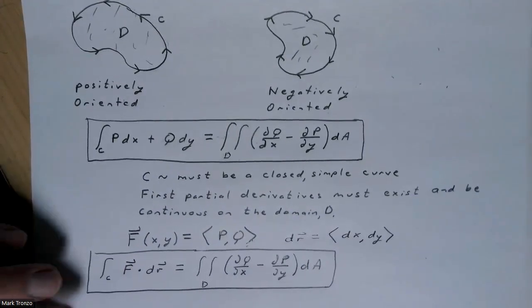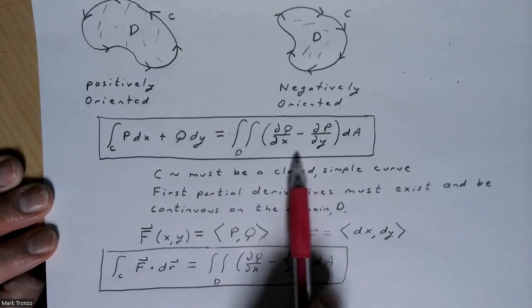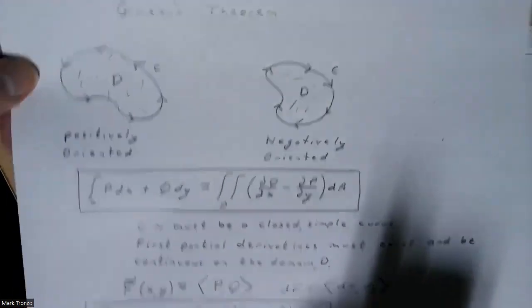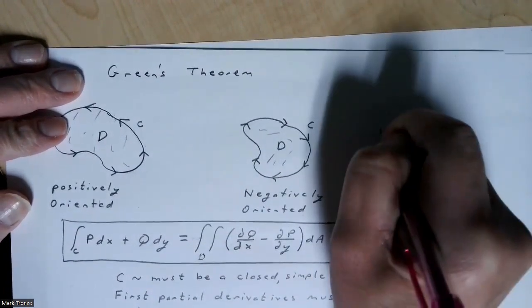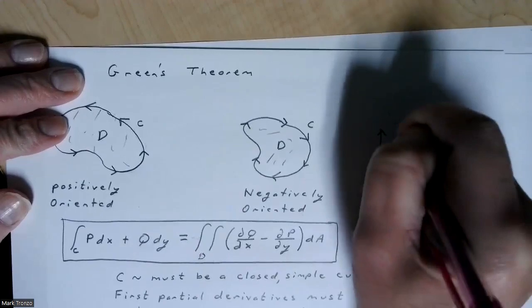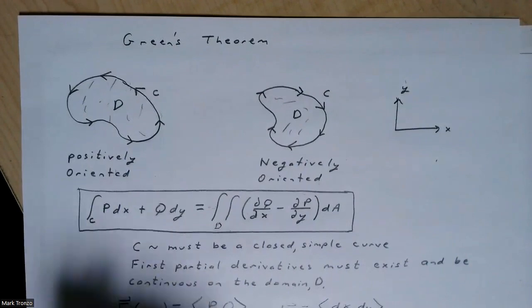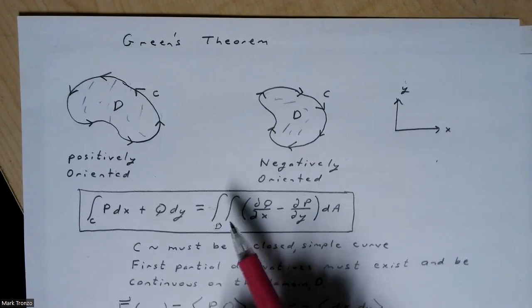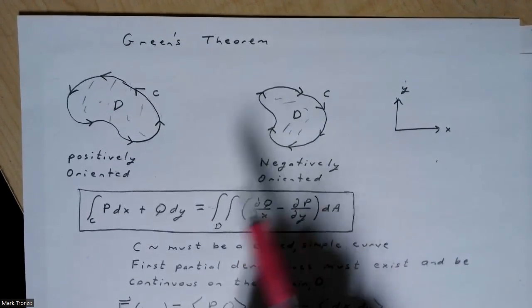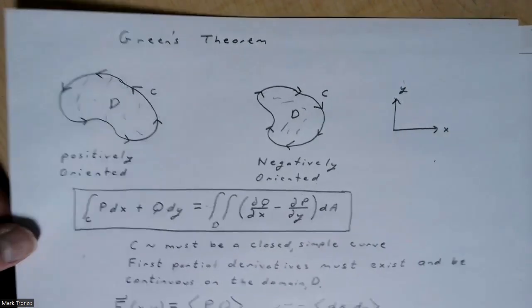Now you could apply it, say, instead of in the xy plane, in the xz plane or the yz plane, etc. But it is in two dimensions. Green's theorem will always be in two dimensions. But it could be, as I mentioned, xz or yz, but usually we'll be doing it just in the xy plane.